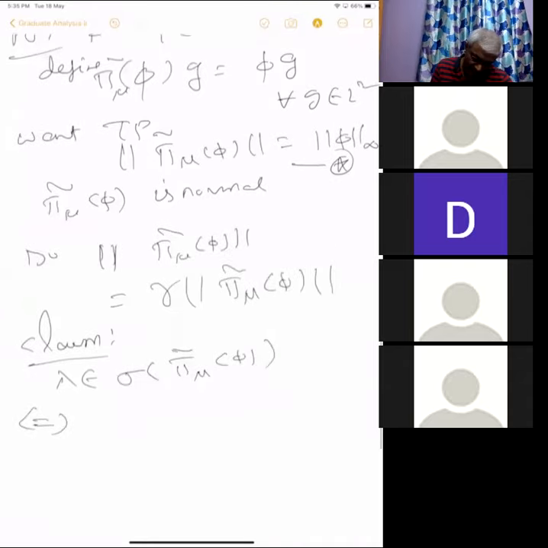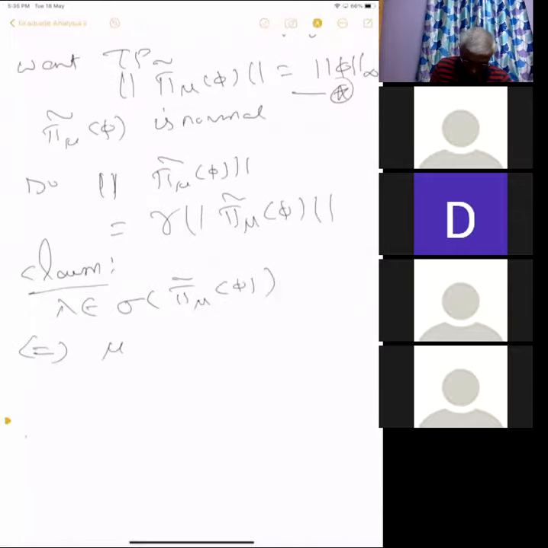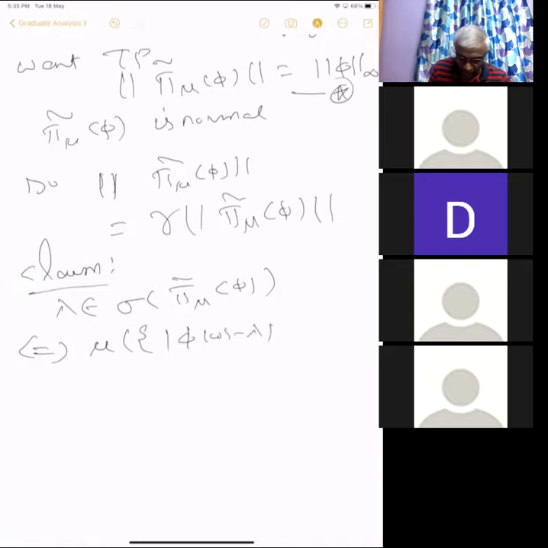That is equivalent to saying that mu is the measure, and mu of this set, all those omega such that the absolute value of phi of omega minus lambda is less than epsilon, is greater than 0 for all epsilon.